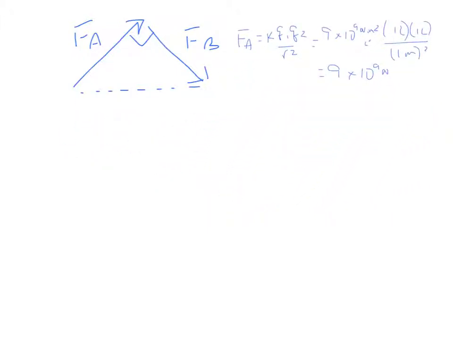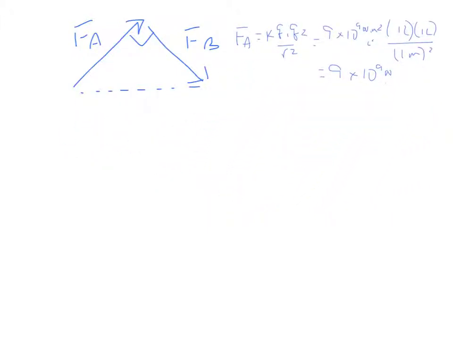So let's just slide it up out of the way. Now, what we know now is FA is that. Well, we also know, since the numbers are the same, that FB is going to be that. So FB is also equal to 9 times 10 to the 9th newtons. And what we have now is a triangle.